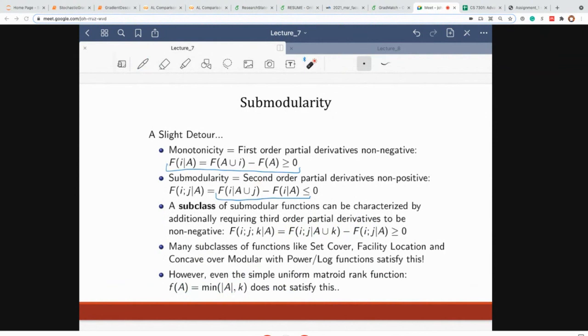There is actually a subclass of submodular functions where we additionally require the third order partial derivative to be non-negative, which can be written like this. It turns out that multiple subclasses of functions like set cover, facility location, and certain concave over modular functions like power and log functions satisfy this. But even a simple truncation like minimum of size of A comma k does not satisfy this.